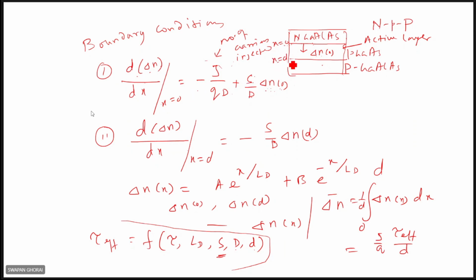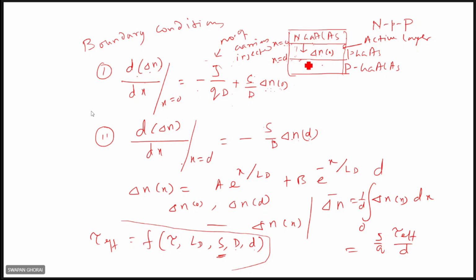And at x equal to d, if d is the thickness of the active layer, then at x equal to d the same thing will be minus s by d delta n upon dx. Here, this term will be 0 because we are considering electrons only. If it is holes, then of course you have to consider it. Since we are considering one type of charge carrier, electrons, this is 0 at this point.